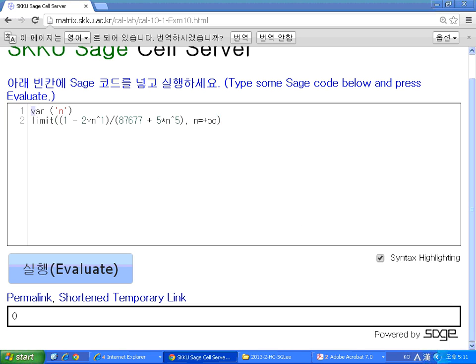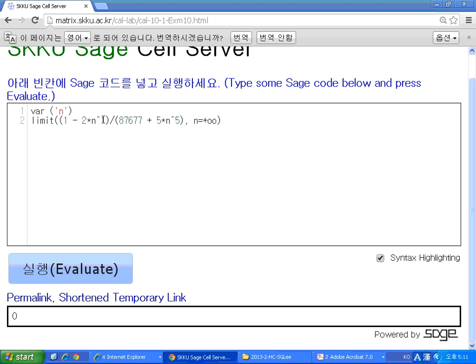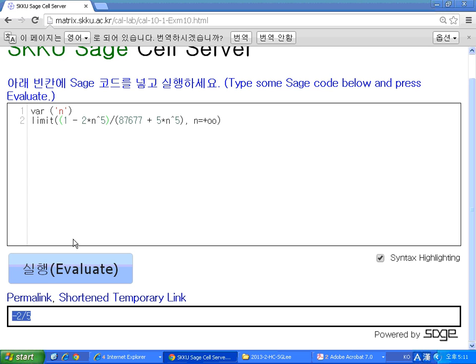If we define a variable n and then find the limit of any function that we change, then this command gives us the limit that we are looking for. If we change it like this, then it will give us the limit of these different functions.